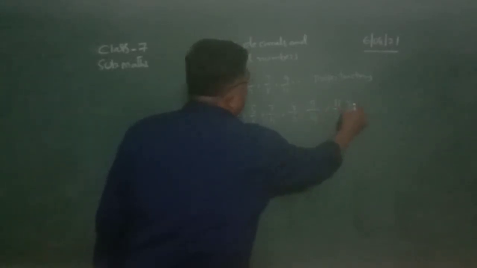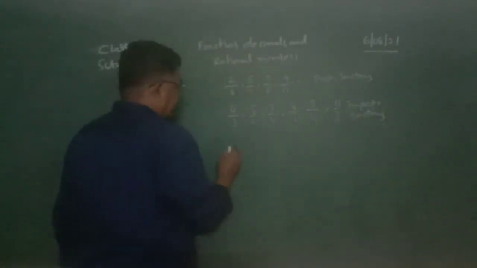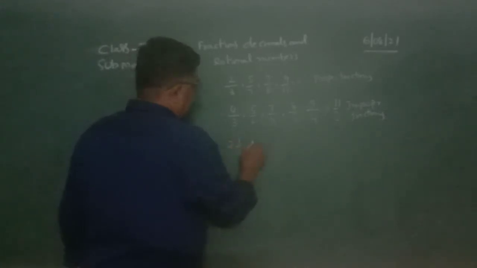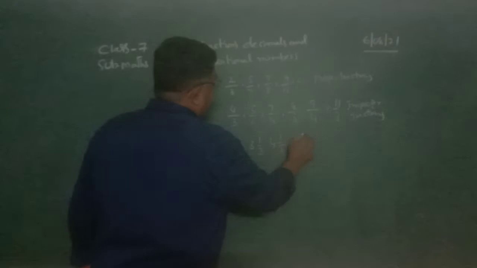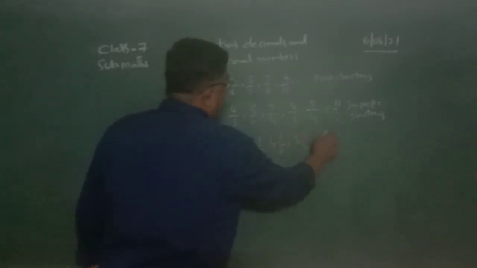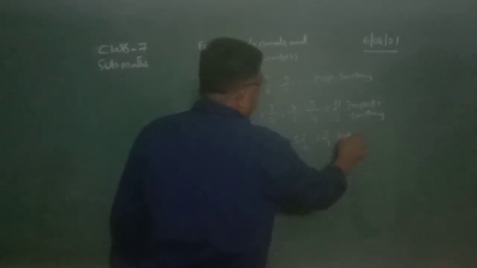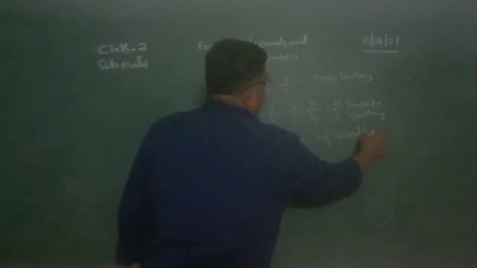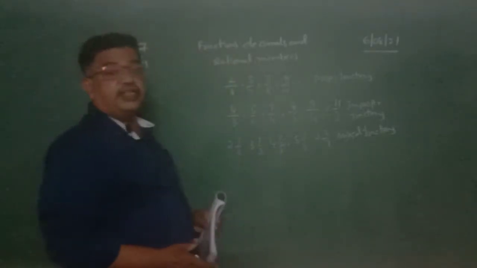These are all improper fractions. Numerator is greater than the denominator. 2 1 by 2, 3 1 by 3, 4 1 by 5, 5 1 by 6, 2 3 by 7. All these are mixed fractions.